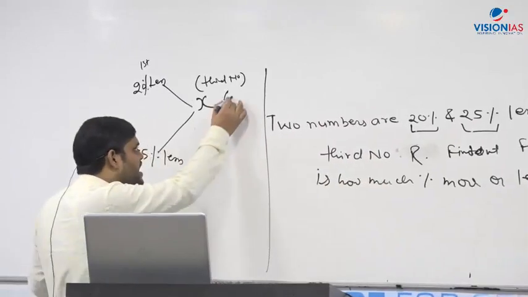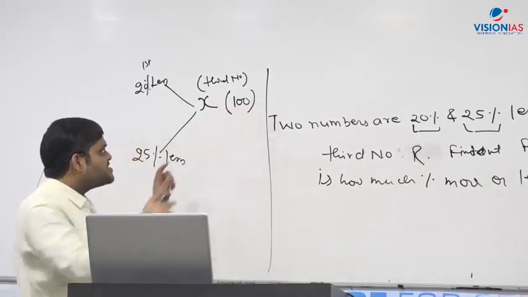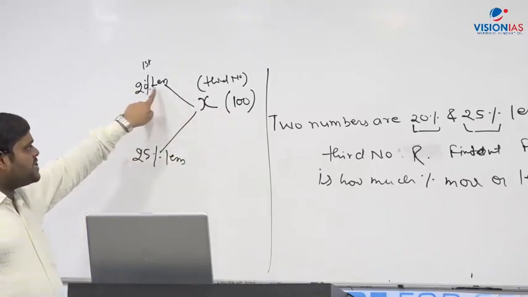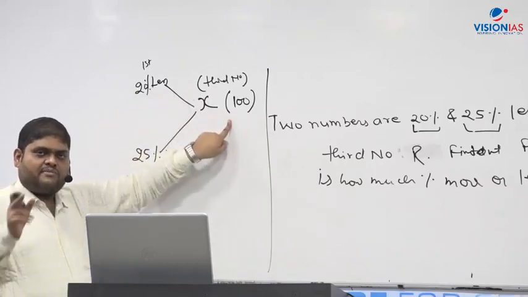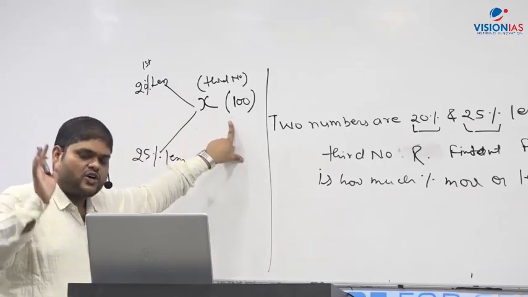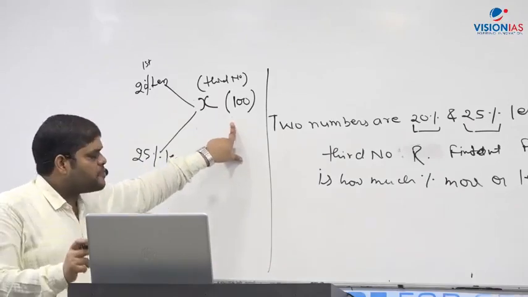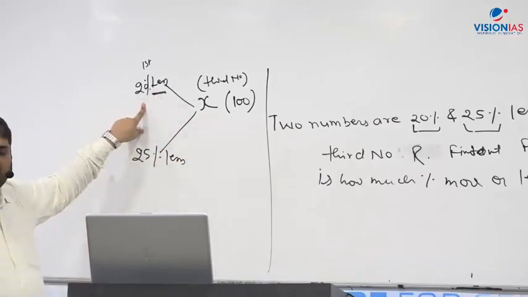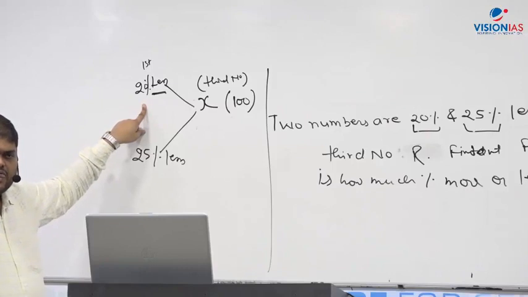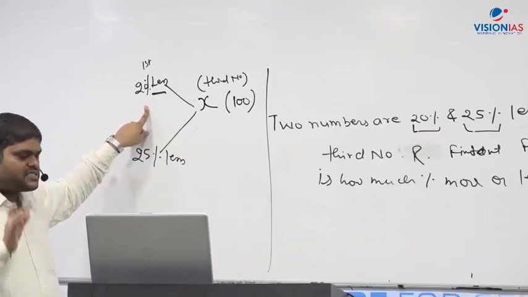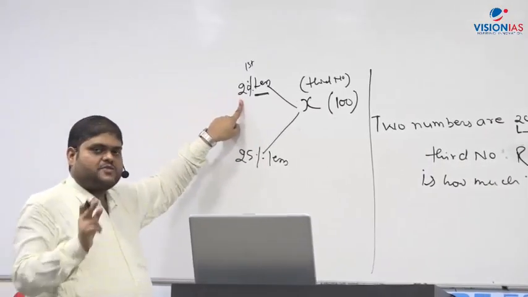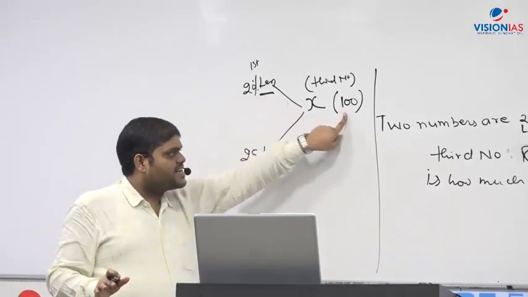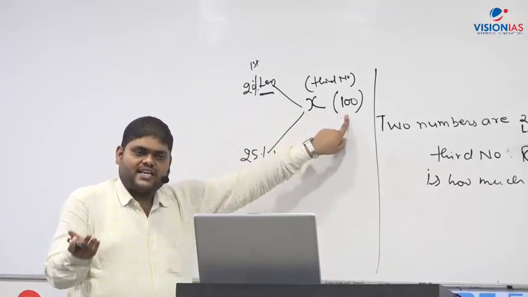The simplest value is 100. If I take the third number as 100, the first number is 20% less. Now remember yesterday's class, the language of mathematics. Less means subtraction. How much less? 20% less means 20% subtraction, 20% decrement. If I decrease 20%, how to decrease 20%?